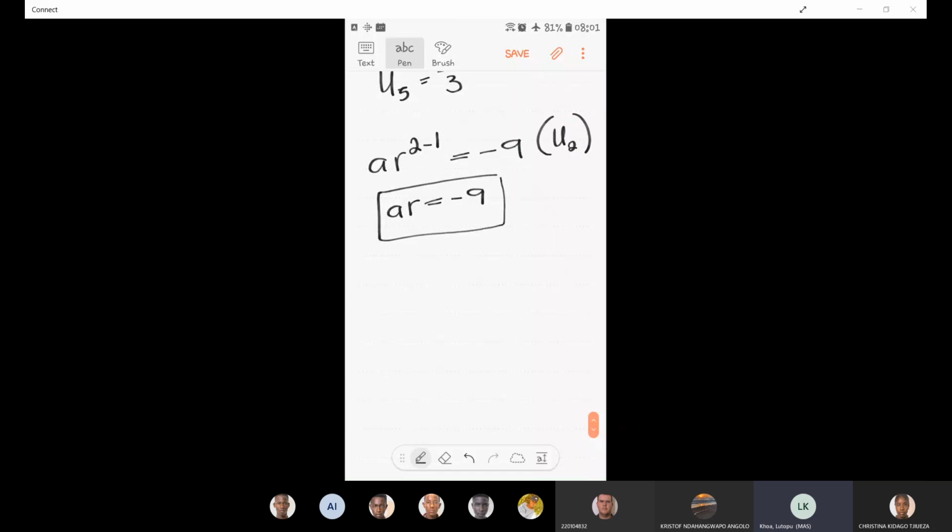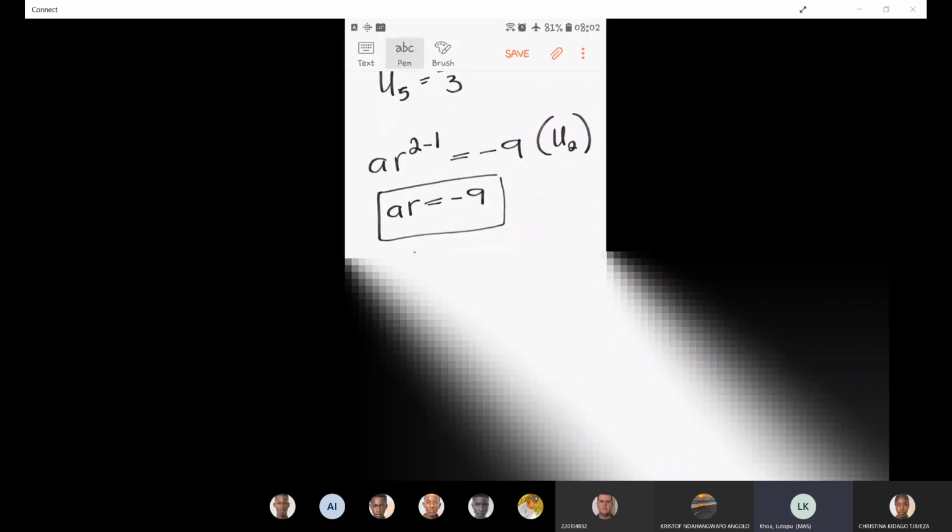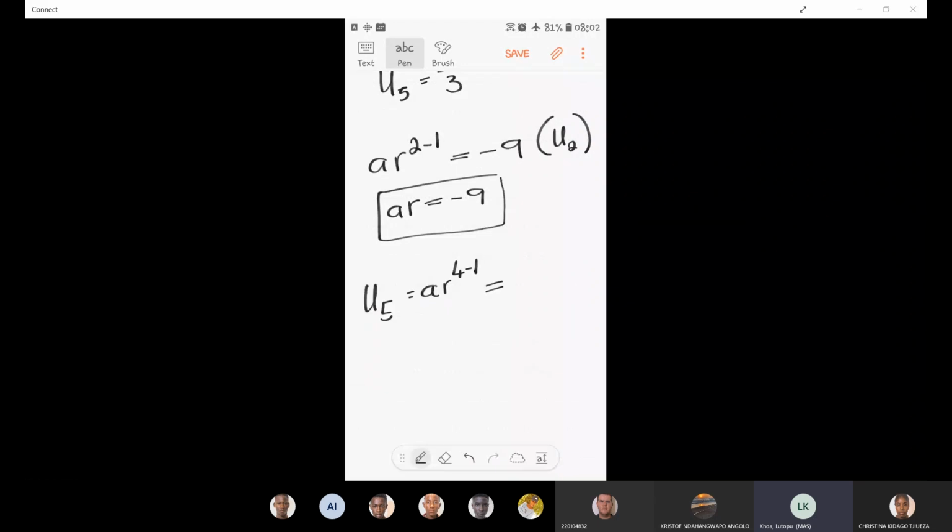Then I use the formula for the fifth term: A R to the power of 5 minus 1 is equal to 1/3.